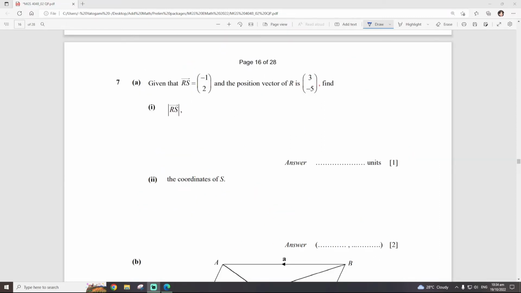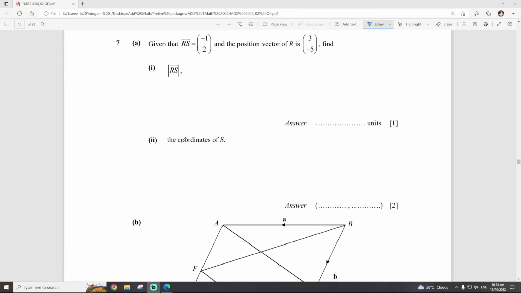Alright, we're back. I think we should have 4 more questions. Vectors. Given this, RS is this thing. Okay, so -1 and 2. The magnitude of RS is going to be the square root of -1 squared plus 2 squared. So this is just the square root of 5, which is 2.24 to 3SF.